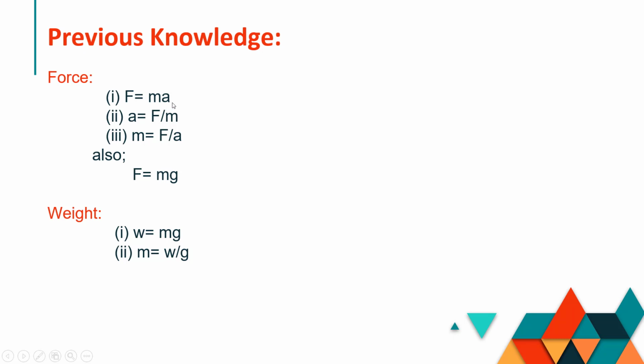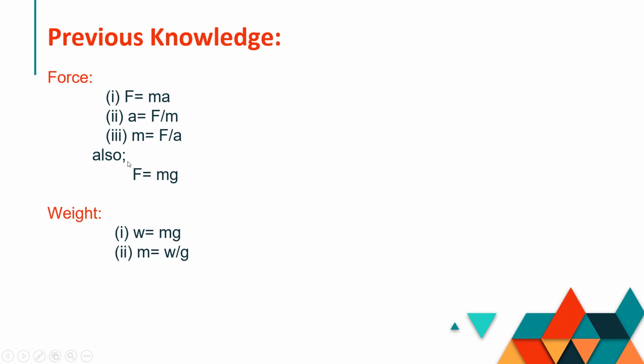If we want to calculate acceleration, then we get acceleration which is equal to force per unit mass. In the same way, if we want to calculate mass, then we get mass which is equal to force per unit acceleration.